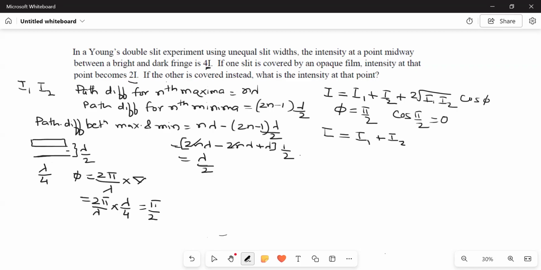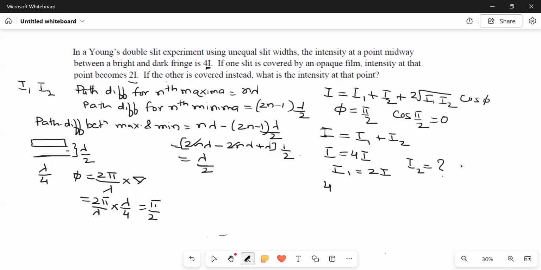Now we know that when both the slits are open, the total intensity is given by 4I, and when one slit is covered, then I1 is 2I. And we have to find out what is the intensity when the other slit is covered. That is, we have to find I2.